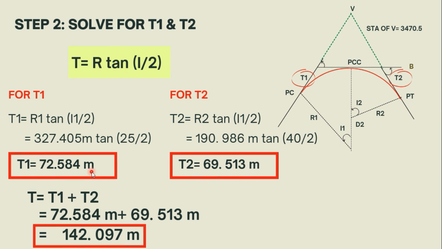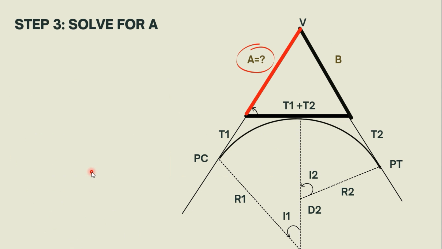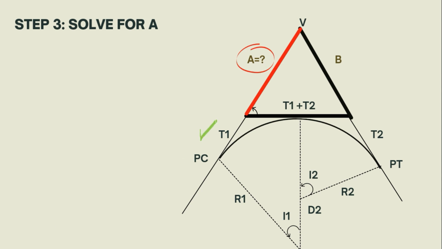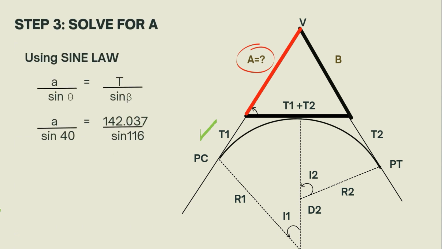Now we already have the value for T1. The next step we can do is to solve for A1. Since we already have T1, now we will solve for A, this line here. Since it's a triangle, we can use the sine law. Using the sine law, we have a formula of A over sine theta is equal to T over sine beta. For beta, we can solve it by 180 degrees minus the given degrees of the problem, which is 40 minus 25 degrees.